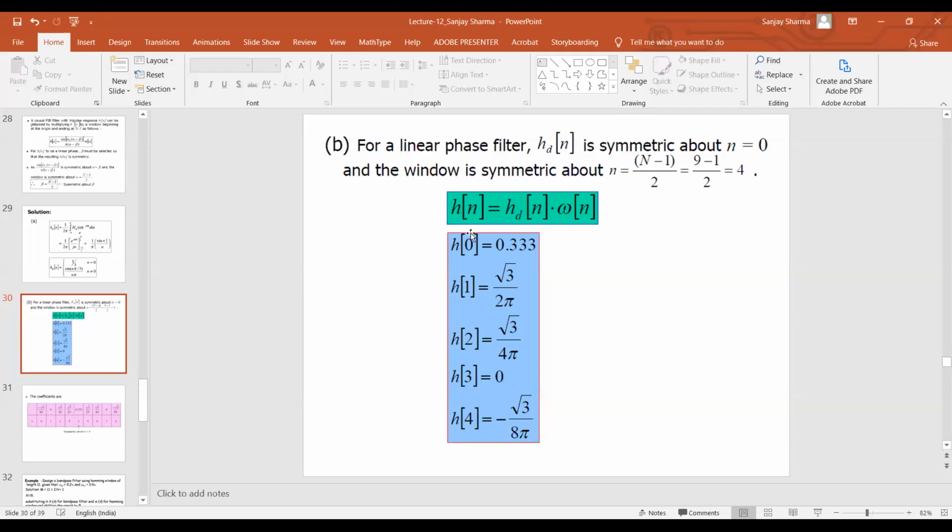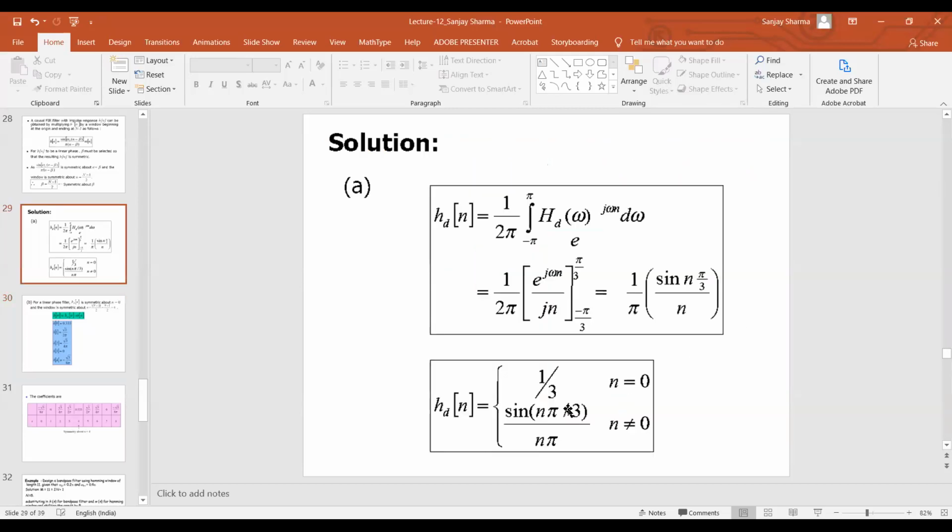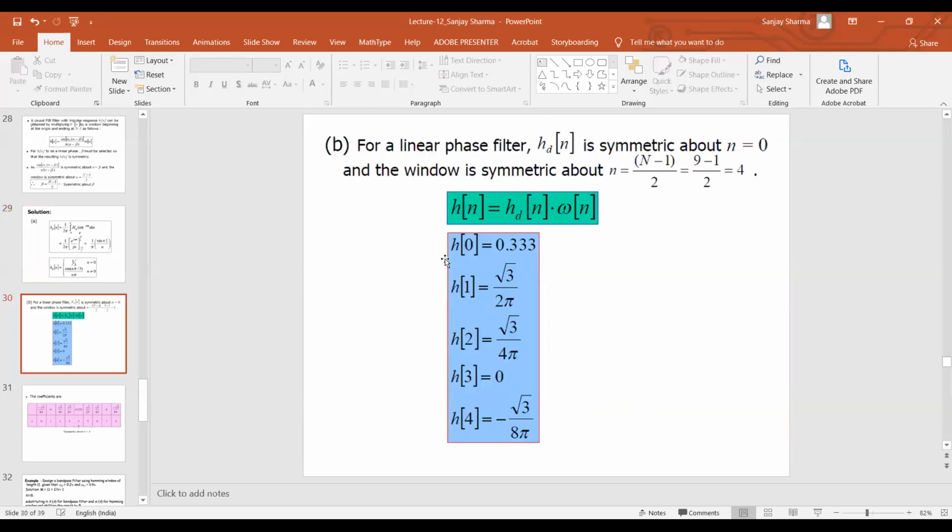I calculate H0. How do I calculate H0? HDN multiplied by WN. WN is 1 only. This is my HDN. So for n equal to 0, it is 1 by 3. So my H0 comes out to be 0.33. For H1, how do I calculate H1?